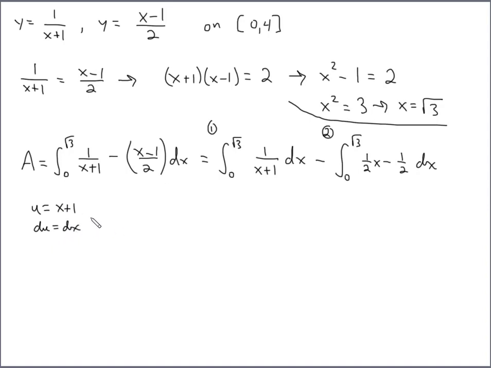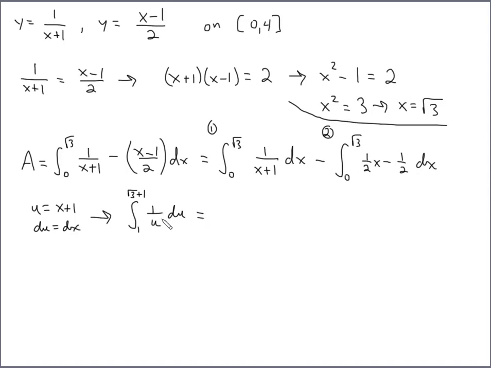With that, the integral changes to 1 over u du. The lower bound, was 0, becomes 1. The upper bound, root 3, now becomes root 3 plus 1. Remember that you have to do that on these definite integrals. Okay, so that's the first one.